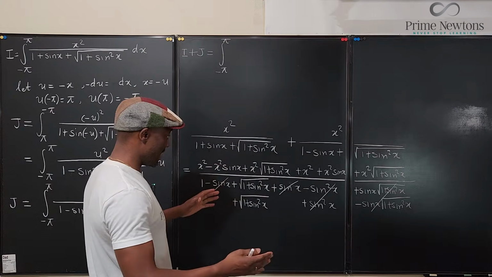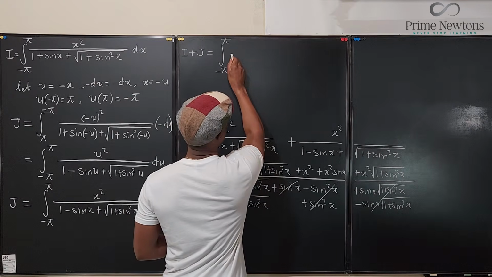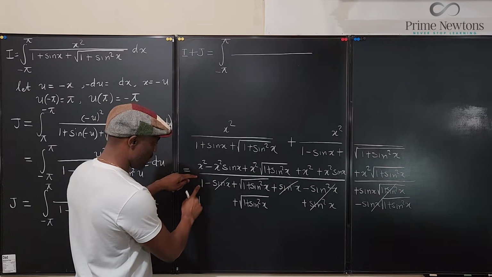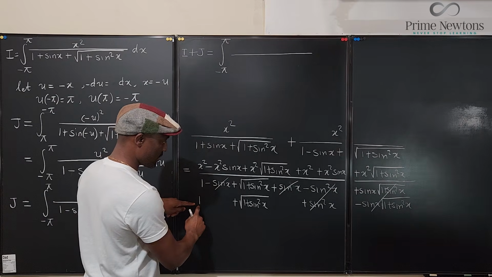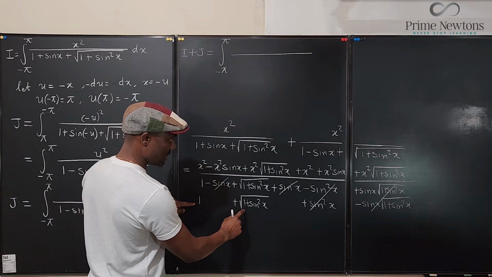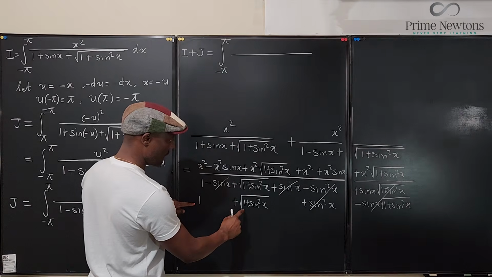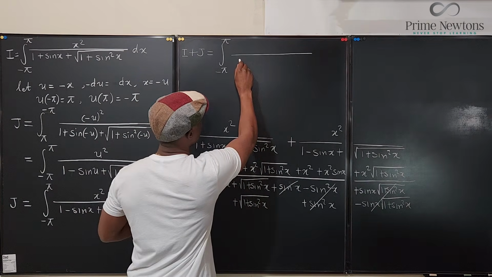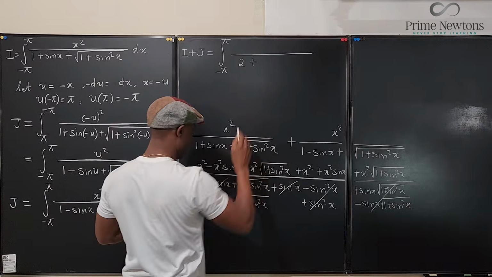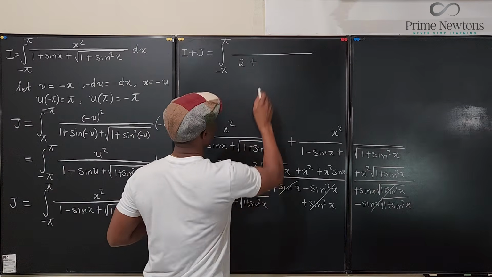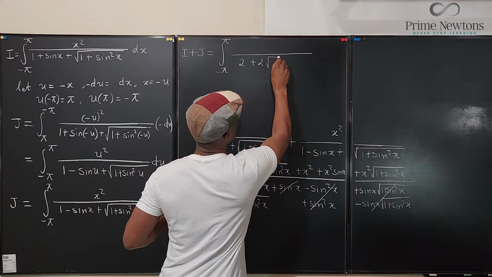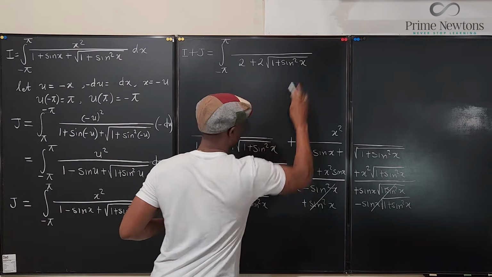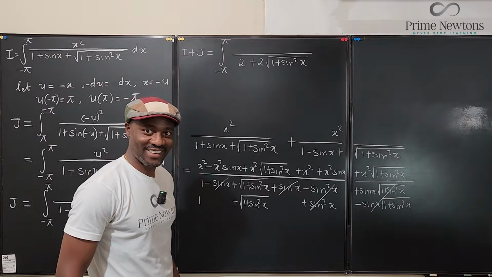So ultimately, in the denominator, we're going to have 1 plus 1 is 2, plus 2 of this. It's going to be 2 plus 2 times square root of 1 plus sine squared x. That's what you have in the denominator.